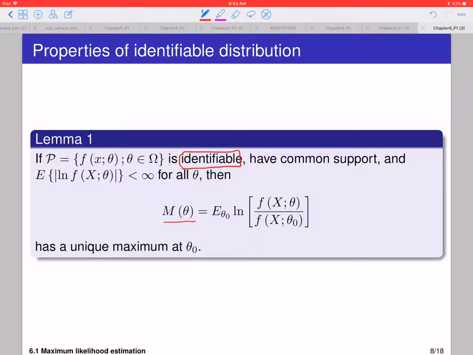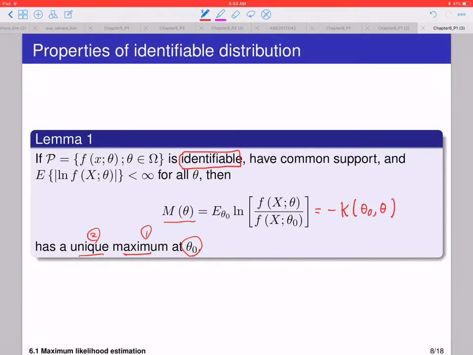has a unique maximum. So we want to show that m zeta is maximized at zeta null, and then next we'll show the uniqueness. So first you can see that this is actually minus of the Kullback-Leibler function, right?